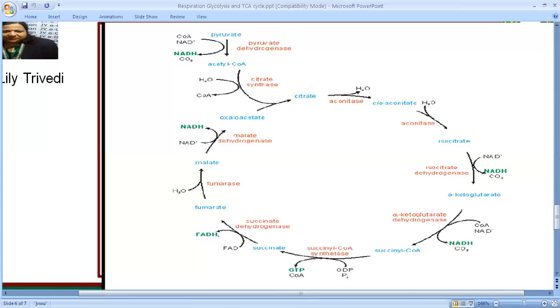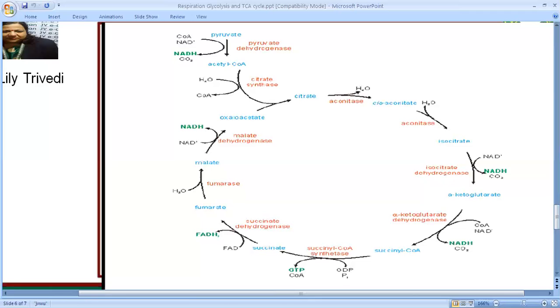Alpha ketoglutaric acid. So now this reacts with coenzyme A and NAD in the presence of the alpha ketoglutaric acid dehydrogenase complex, and it is oxidatively decarboxylated to form succinyl coenzyme A, and the third molecule of carbon dioxide is released. So NAD is reduced.